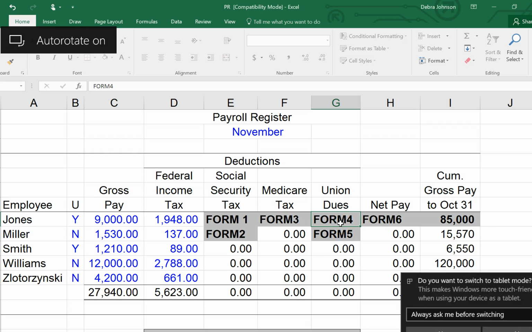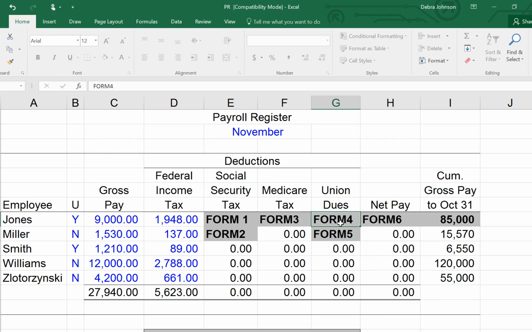So for formula 4, we're going to type equals if. We'll go take a look at the B13 cell. And if that is equal to a Y for yes, I have to put it in quotation marks because it is a label as opposed to a cell reference. If that's the case, then charge $25, otherwise charge $0.